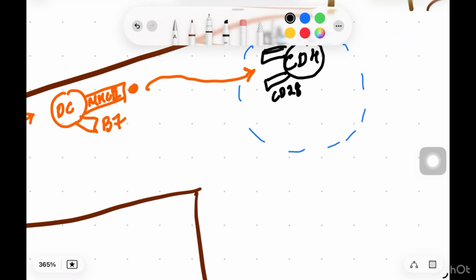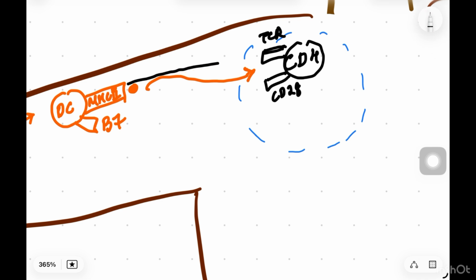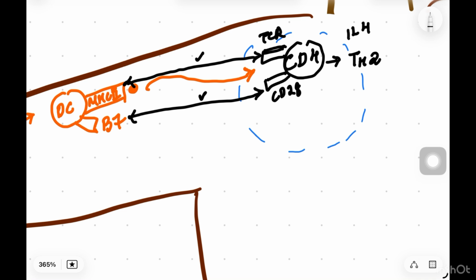Two interactions need to happen. First is the MHC class 2 and peptide complex with the T cell receptor. B7 and CD28 will interact. With the help of these two interactions, which are co-signals, and the influence of an IL-4 interleukin, the CD4 T cell is going to differentiate into a Th2 T cell.